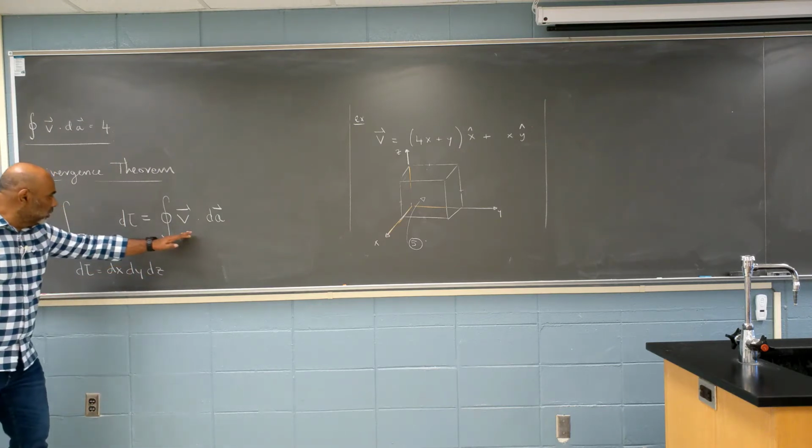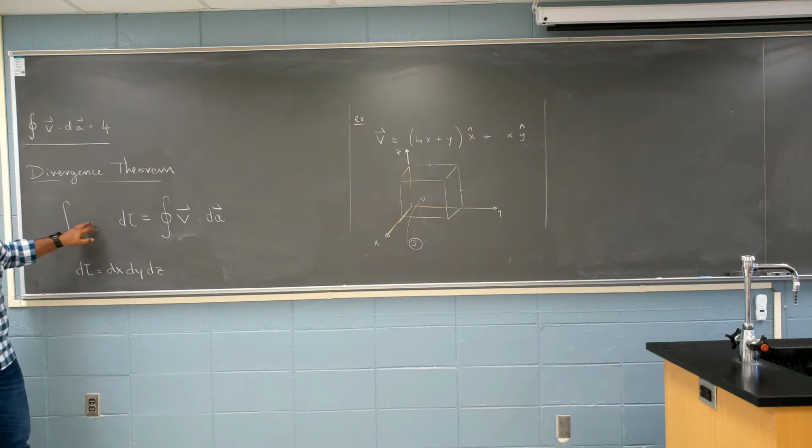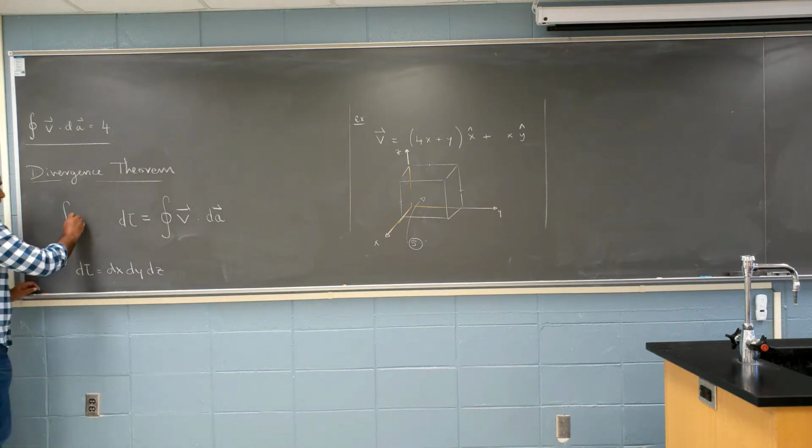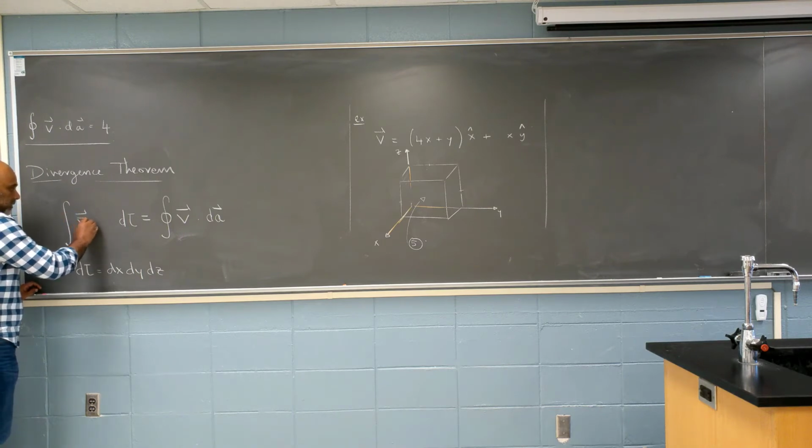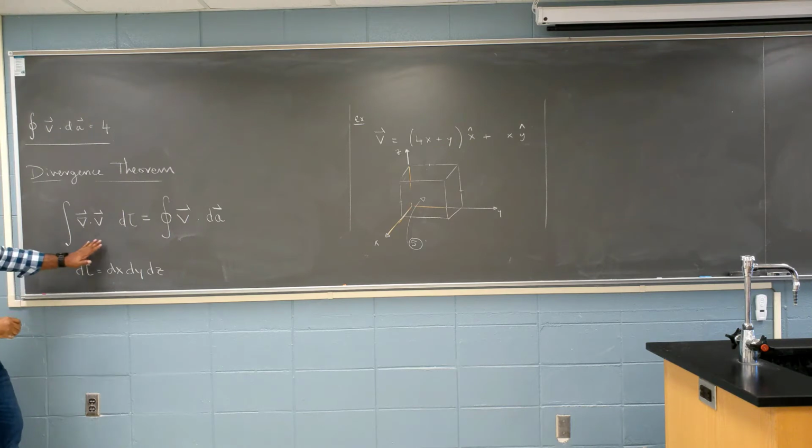Well, it's the integral on the volume of some quantity. That some quantity is the divergence of v. Let me write the symbol first, and then I'll define it. This is what it is. Well, I'm going to define it.